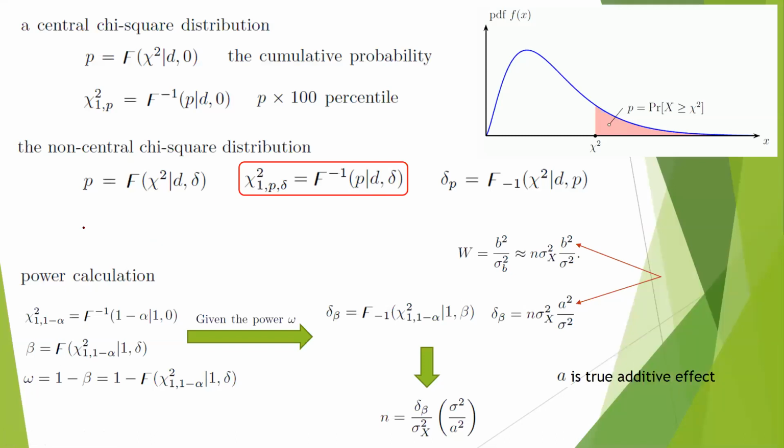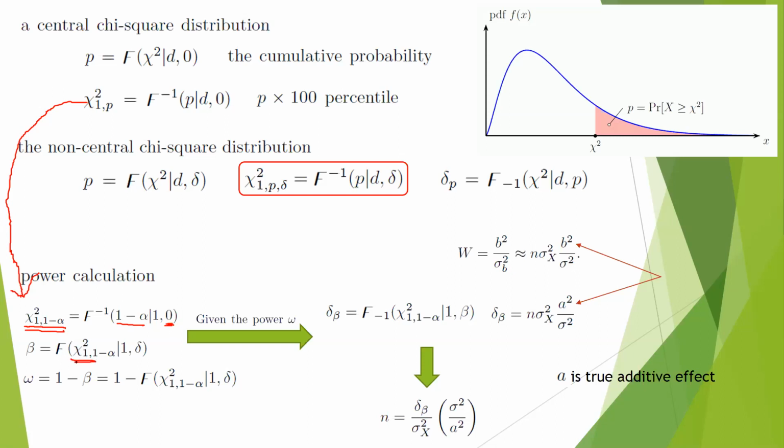Okay, so suppose this is the null distribution. Based on the null distribution here, what is the cutoff, the critical value, to achieve this significance level? This is the same thing here. Based on the null distribution, we can easily find the critical value for the chi-square distribution.